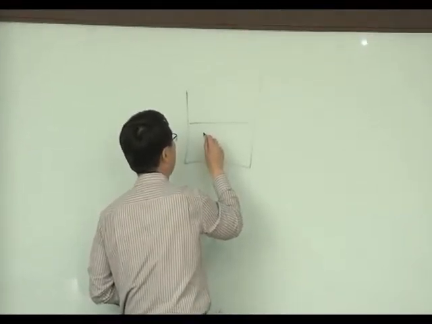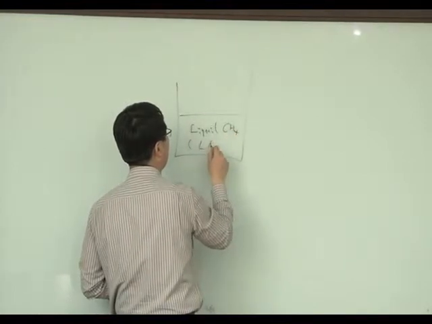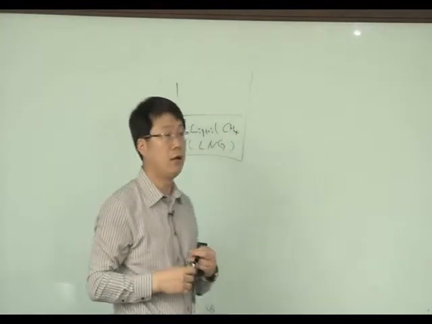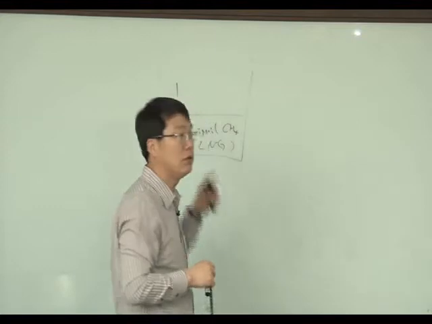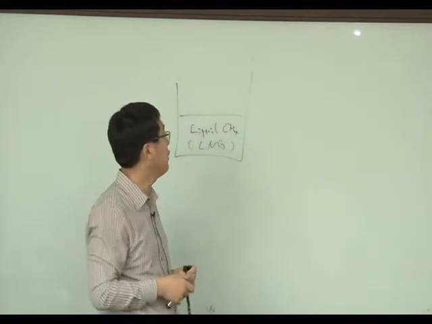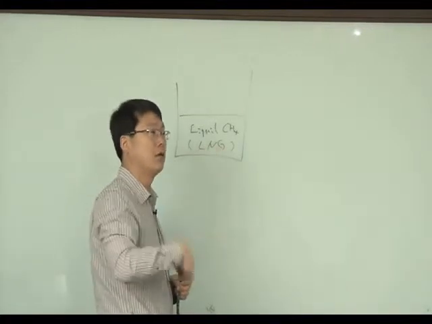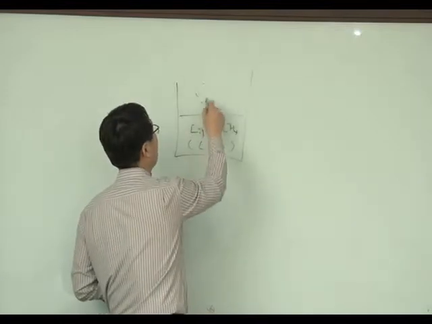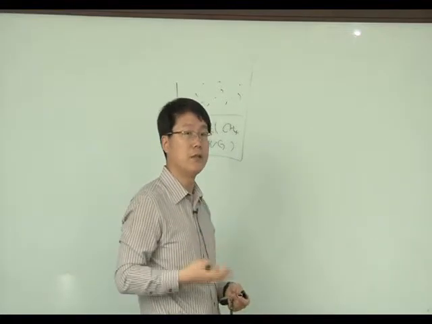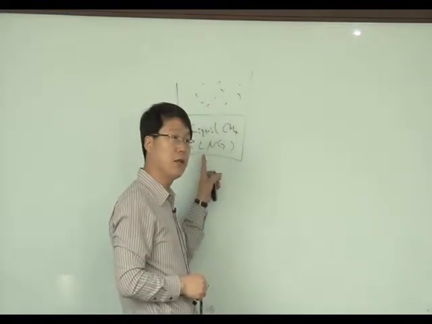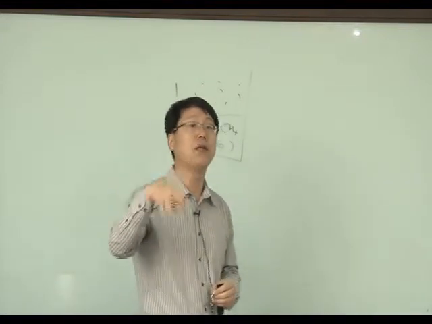Here we have liquid methane. LNG can be approximated as a material whose major component is methane. We have LNG here, and it will give off some vapor. If we increase the temperature of this LNG, the vapor pressure will increase with the temperature.